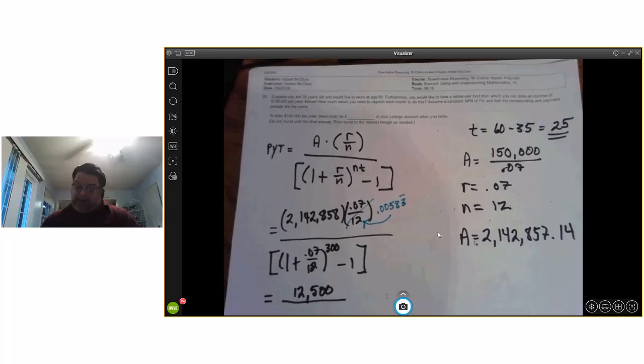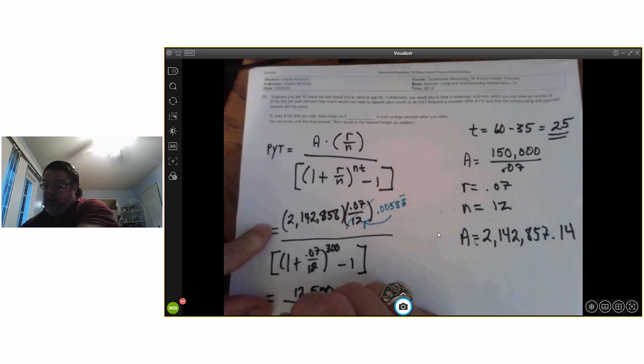And I'm going to raise that to the 300th power. I got 5.7254, blah blah blah, minus 1. So for the denominator, I got 4.73.